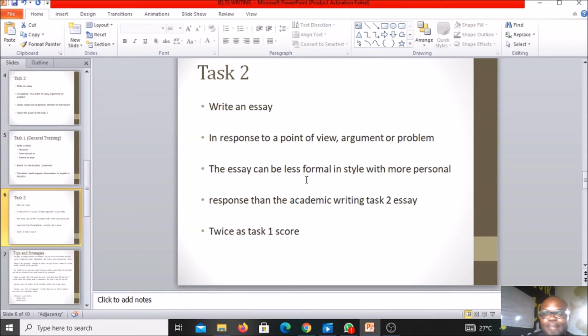The essay can be less formal in style, with more personal things. You understand? A more personal response than that of academic writing. So for general writing, it is less formal than that of academic. So take note. And also here the score is twice that of task 1.